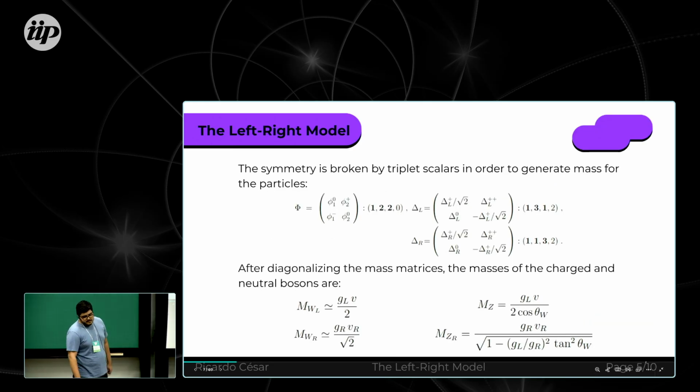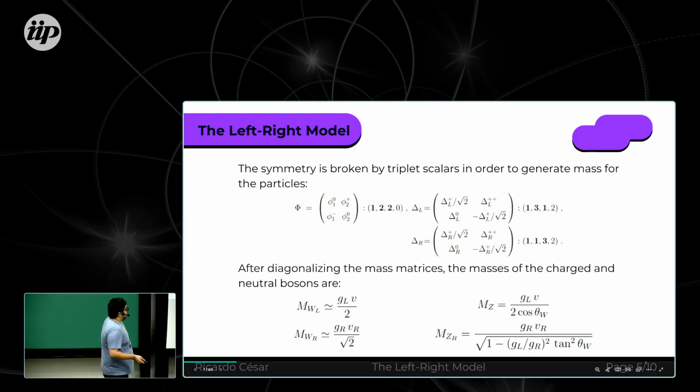Okay, so in this model, the symmetry is broken by scalars, and it generates mass for the particles of the model. We have here a bidoublet and two triplets. One of them is a triplet under SU(2)L, and the other is a triplet under SU(2)R.